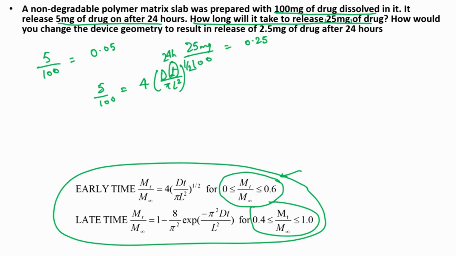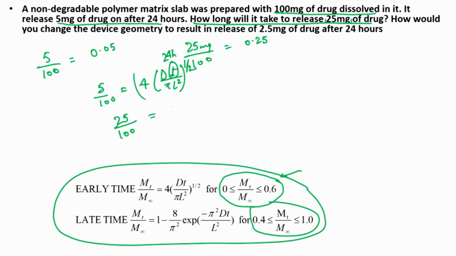So, to get to 25 milligram, if I do 25 by 100, this whole thing will have to increase by 5 times, because this is 5 times of this. Then the t, since it is in square root, will have to increase 25 times.